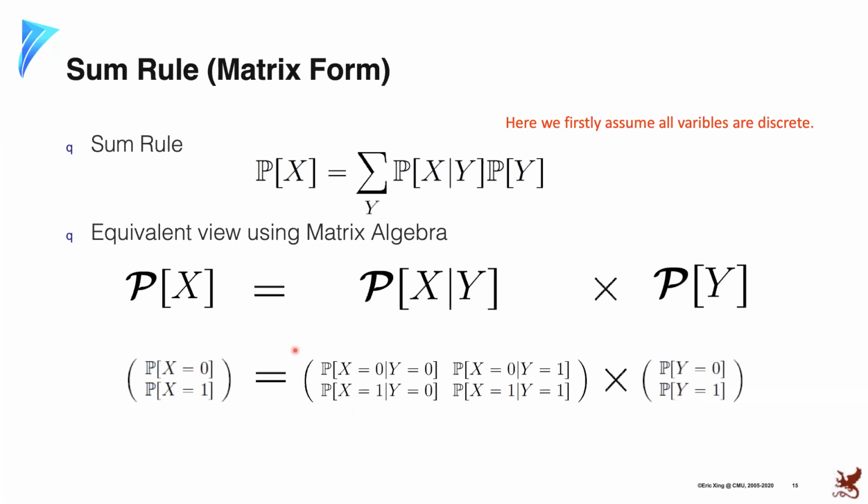Before we move to the spectral view, we need to briefly mention some linear algebra that corresponds to the probabilistic operations that we used before. One rule is called the sum rule, which corresponds to the marginalization of a joint probability. We use the following linear algebra to express this, which is quite straightforward.